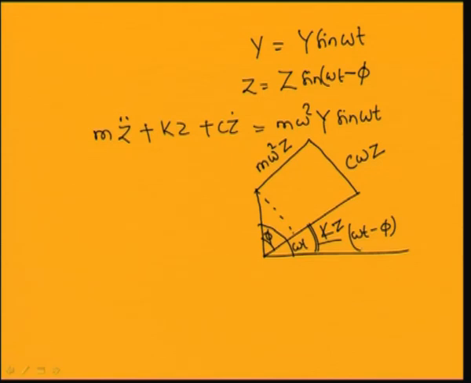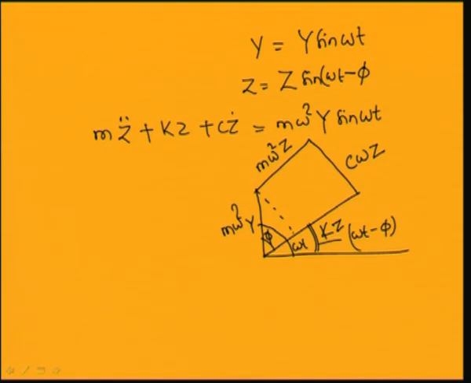So, from this you can obtain z. So, k z minus m omega square z whole square plus c omega z whole square will be equal to m omega square y whole square.